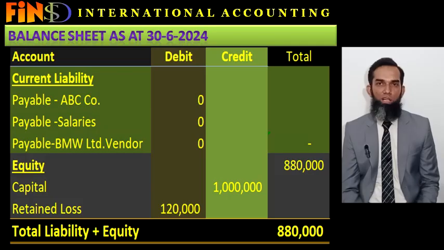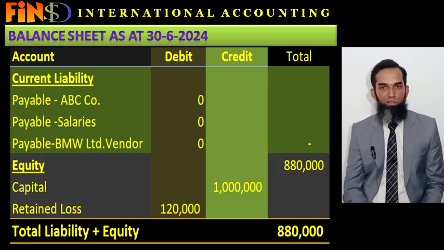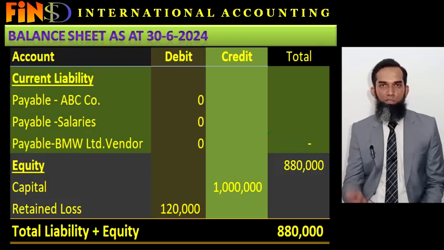So the net worth of the organization is currently shown as 880,000, while at the start the capital was 1 million rupees. After incurring some losses, its net worth has been reduced. But in future, next year, if the sales are increased and expenses are reduced, this position can definitely be reversed and retained losses can be converted to retained earnings. And definitely it would be fruitful for the company to have a better financial position at that moment.